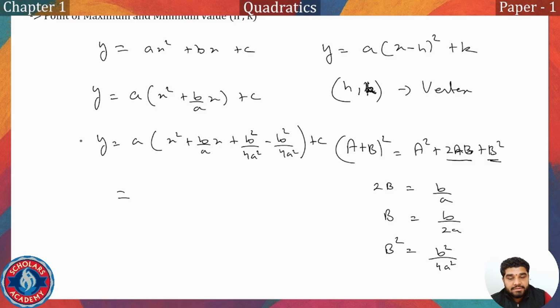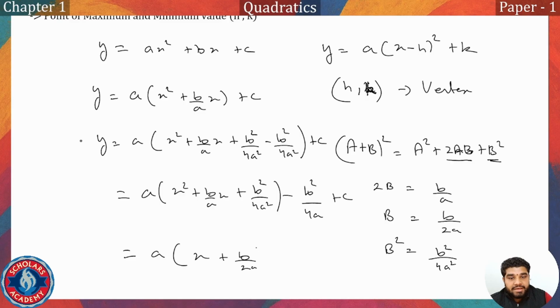That is equal to a times x square plus b by a x plus b square by 4a square, minus, now this a gets multiplied, we can write b square by 4a, plus c. So I can convert this to a whole square.